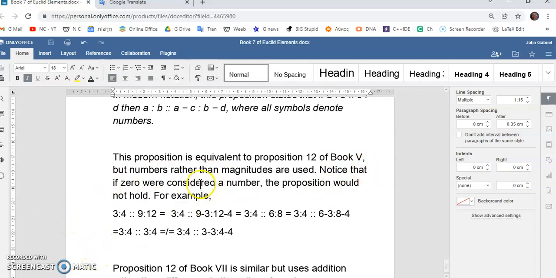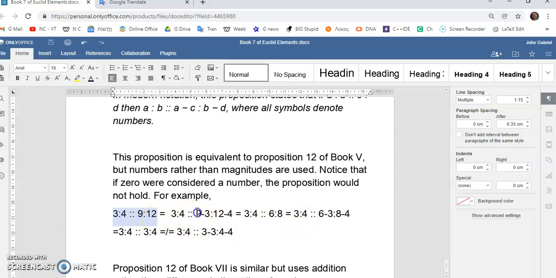So this proposition is equivalent to proposition 12 of book 5, but using numbers rather than magnitudes. And notice very carefully that if 0 were considered a number, the proposition would not hold. For example, if you started with 3/4 in proportion to 9/12, and not only in proportion but equal in algebra, not so in book 5 where we deal with magnitudes.